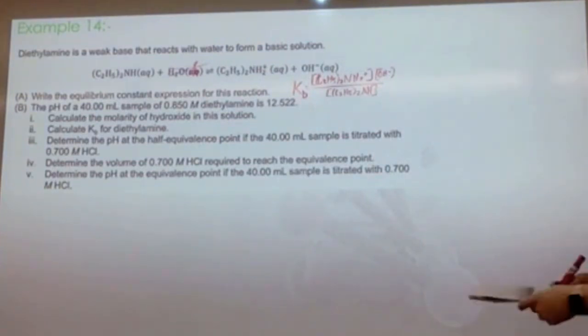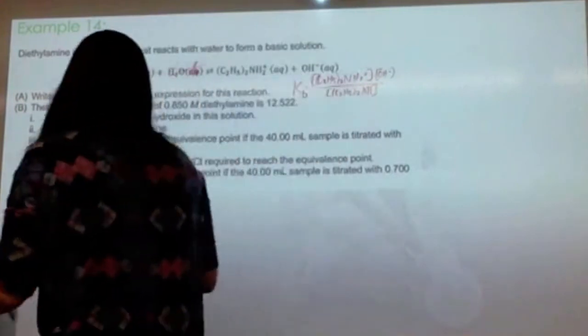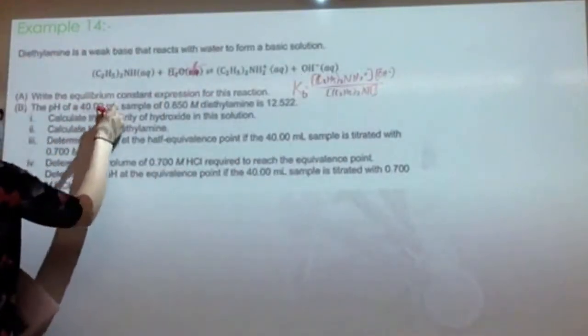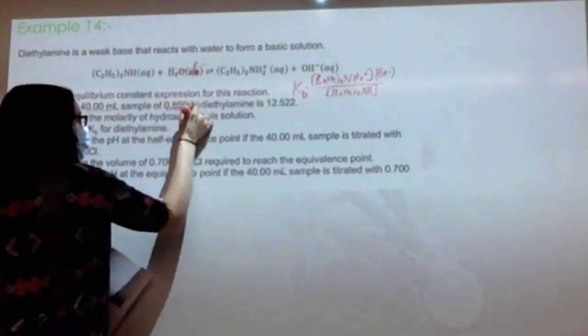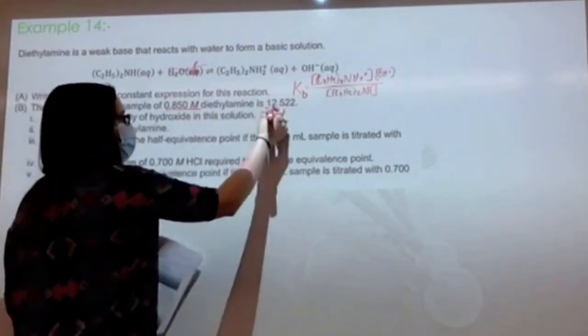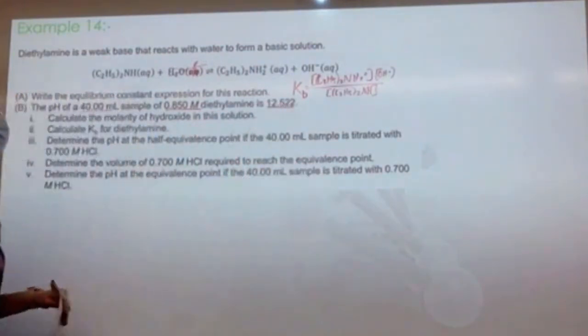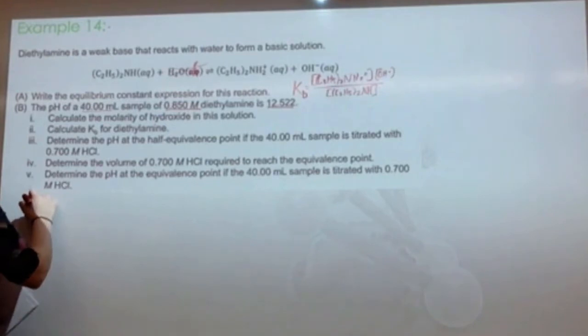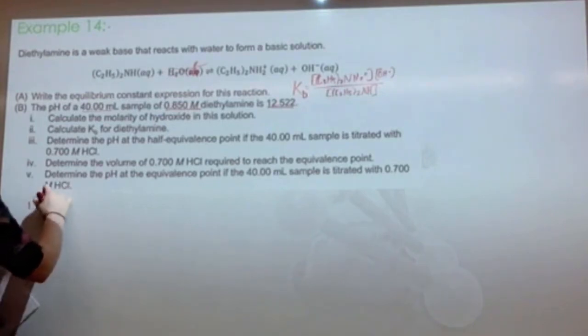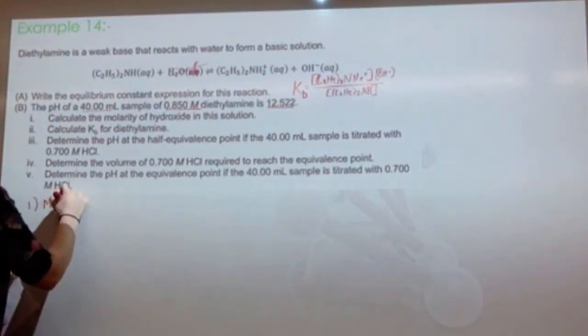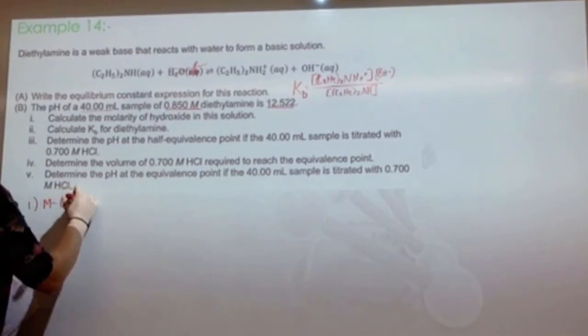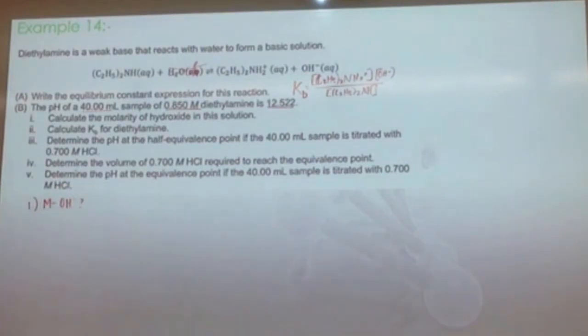So part B says the pH of a 40 milliliter sample of a 0.850 molar diethylamine solution is 12.522. There's the pH. Part 1, calculate the molarity of hydroxide. So I'm going to figure out what's the molarity of OH minus.